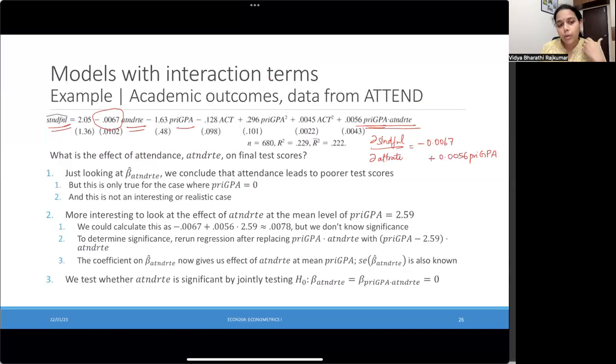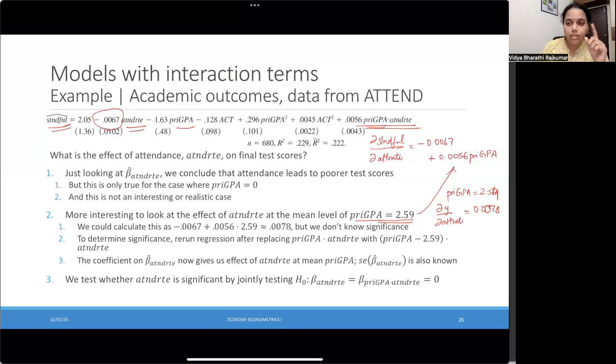Suppose we look at the effect of attendance rate for an average GPA student, when average is say 2.5. If you plug in pre-GPA to be 2.59, then the ∂y/∂attendance rate turns out to be 0.0078.